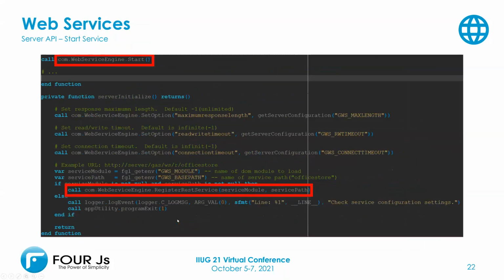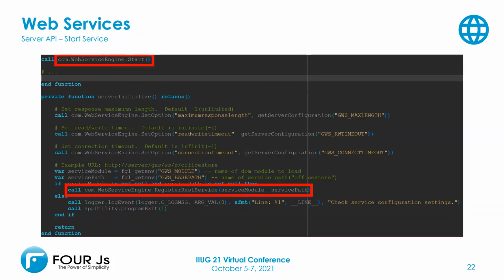And then in the 4GL code, you need to add some logic to register the service here. Like you register the REST service, and then you just start it. So the runtime system just listens, and then the Genero infrastructure will pick it up and manage all of the load balancing, the encryption, the delegation for the authentication, etc.